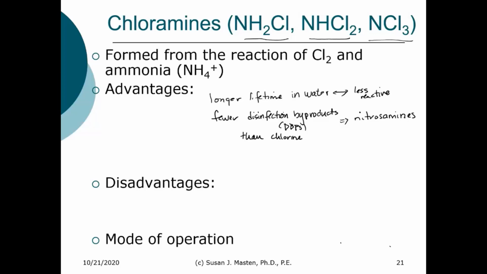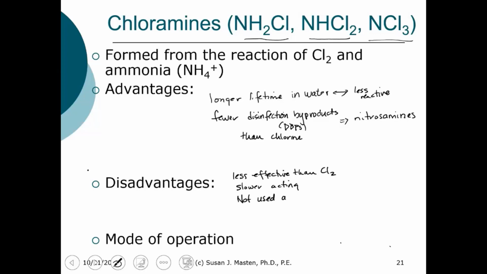So if it's less reactive, it's less effective. It's slower acting, and takes more time to achieve the same level of disinfection. Because of that, it is not used as a primary disinfectant.